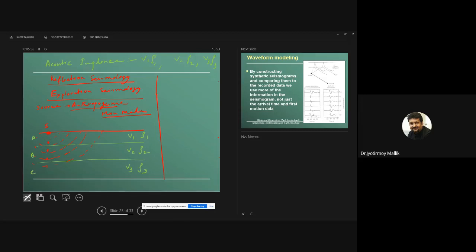For example, I have a refractive index mu1 and a refractive index mu2 between two mediums, and a ray which is incident on the interface between mu1 and mu2. What would happen to this ray? Can you tell me? Some part of it will be reflected, right?